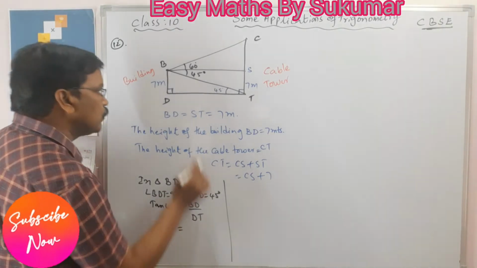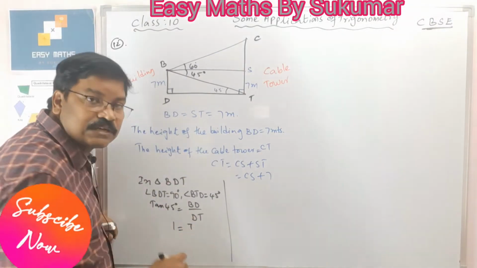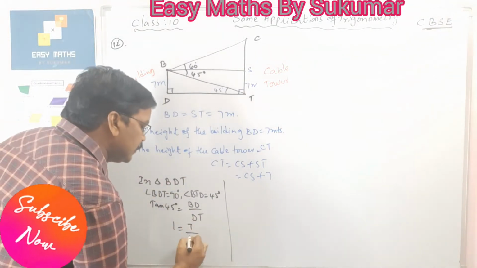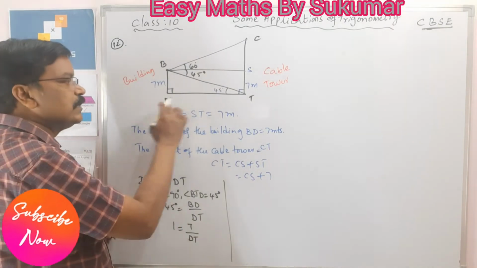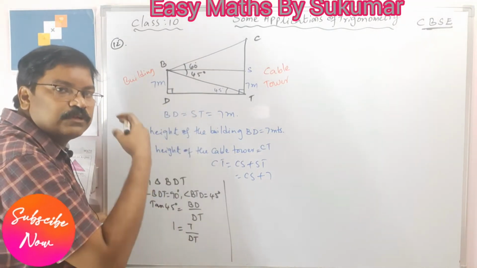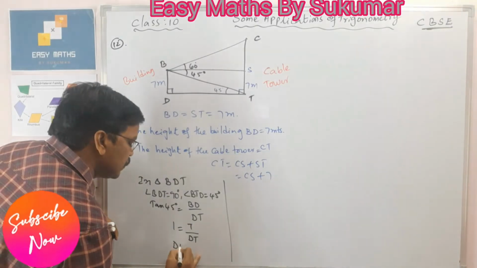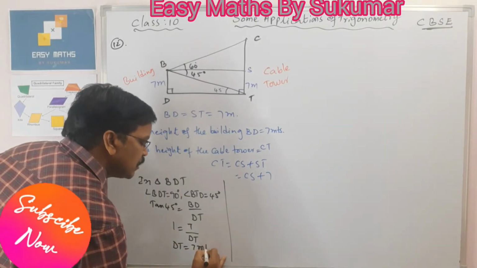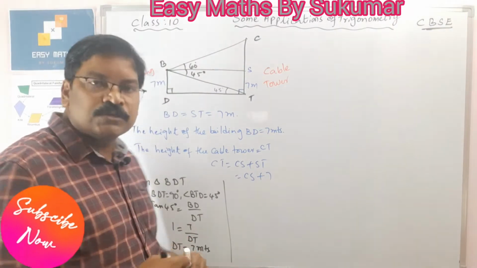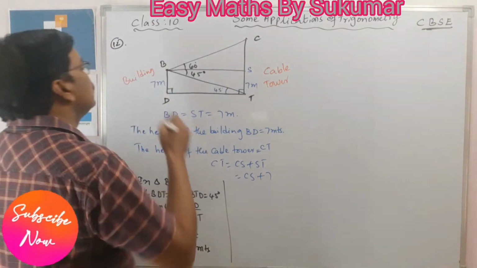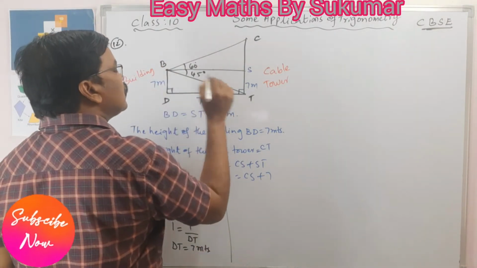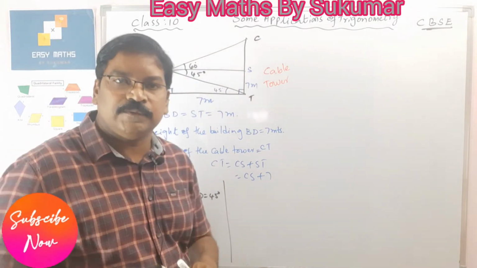So 1 is equal to BD, which is 7 meters, the height of the building, by DT. DT is unknown. DT means the distance between the foot of the building and the foot of the cable tower. Therefore, by cross multiplication, DT is equal to 7 meters. So, as I told you, my dear students, BD and DT are equal to 7 meters only.